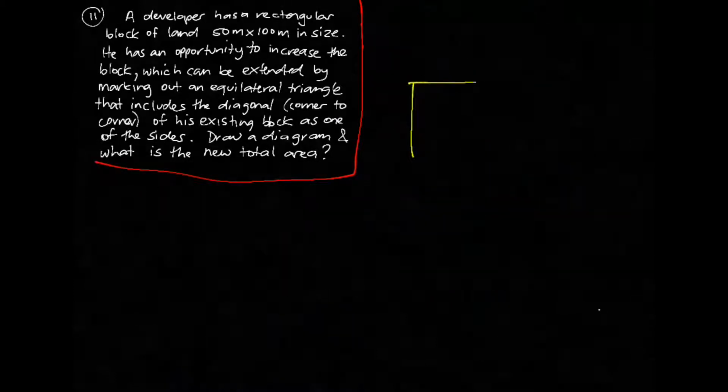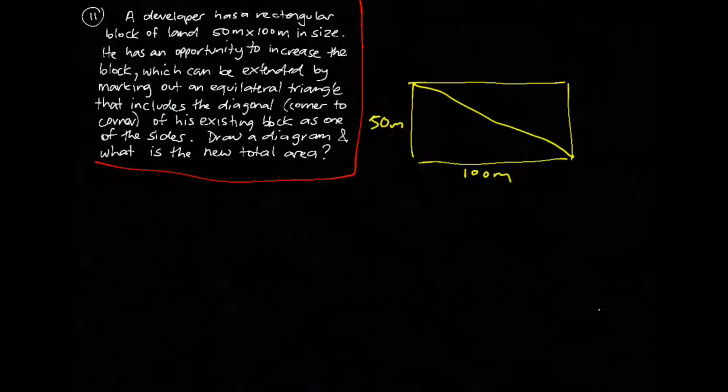He's got a rectangular block already, and it's 50 metres by 100 metres. Now, he can extend it with an equilateral triangle shape that includes the diagonal, corner to corner, of his existing land. So what do we know about equilateral triangles?